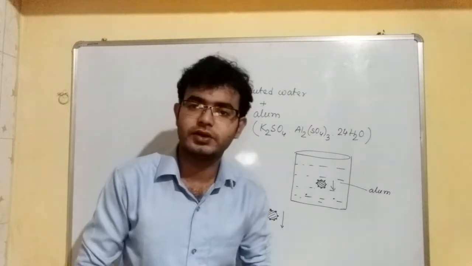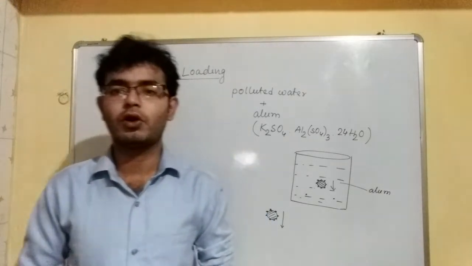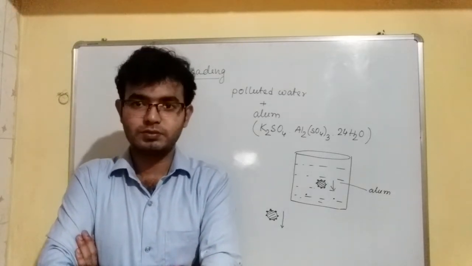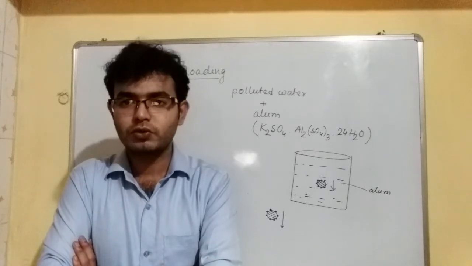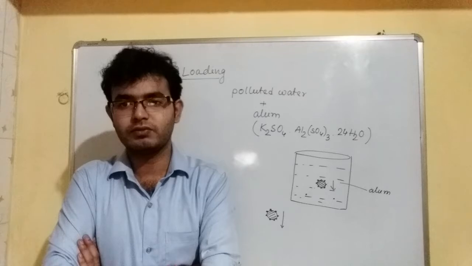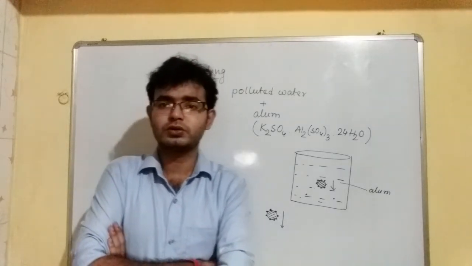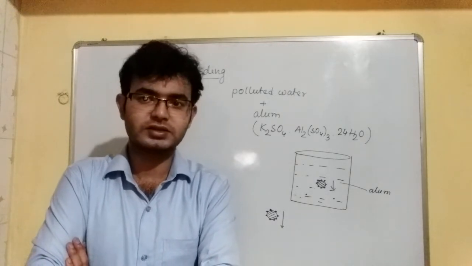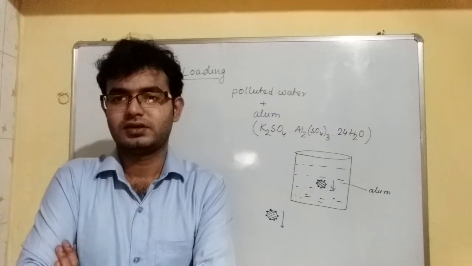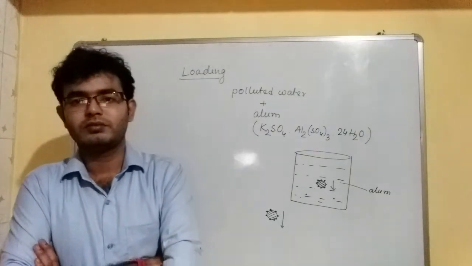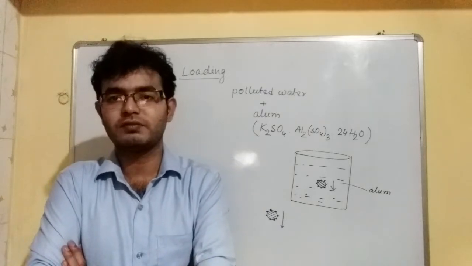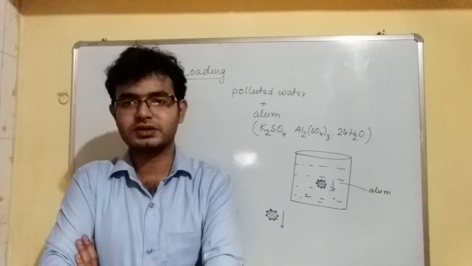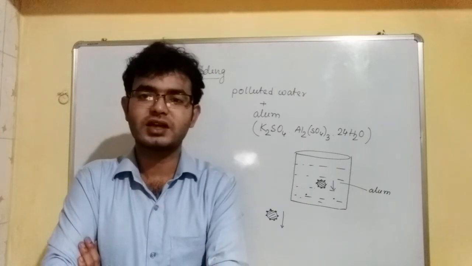So let us discuss what loading is. Loading is a method of purification of water. This method is used to remove the suspended impurities present in water. In this method, small particles of alum are added to the polluted water. The small particles of alum attract the suspended impurities towards them, and the suspended impurities get accommodated on the surface of alum.